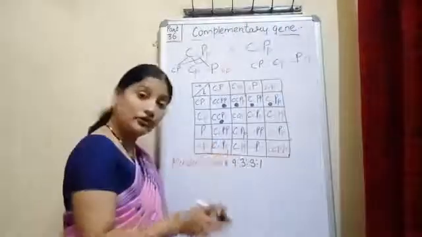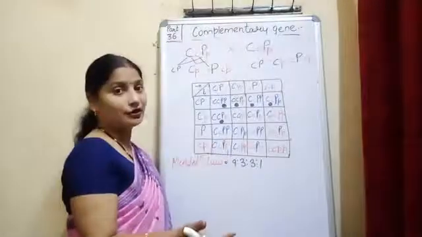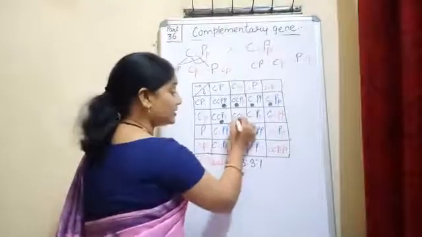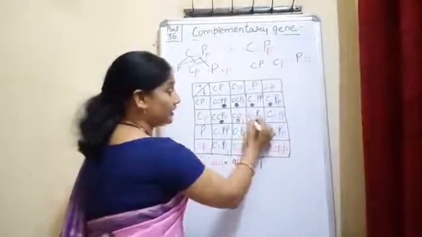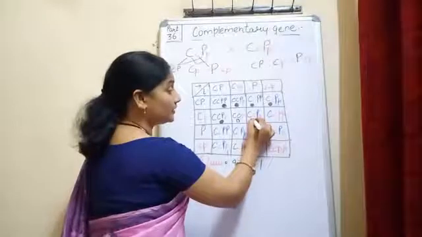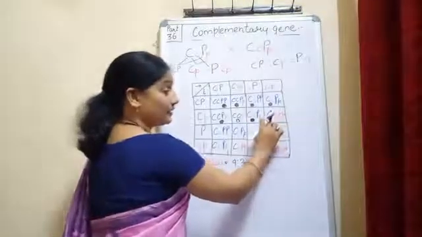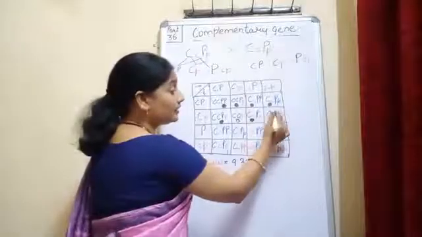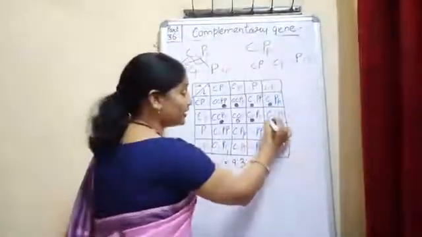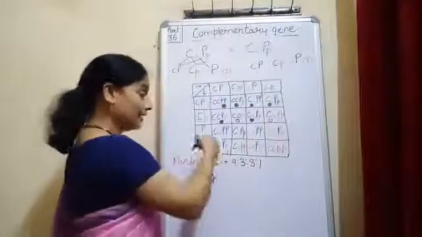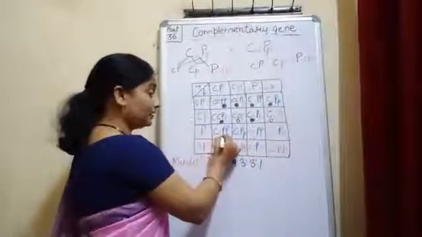And if there is no anthocyanin, then purple color will not be there. So what is the color of the flower? White. Okay. Here again, purple. Here again, white is there, but no purple because anthocyanin is not there. So white color flower. Here again, purple.